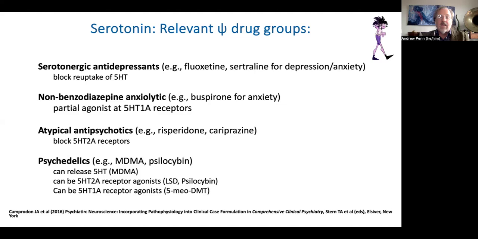The selectivity of dopamine blockade to the D2 receptor, in addition to blocking serotonin 2A receptors, is what makes a second generation antipsychotic unique from its first generation drugs, which generally did not have any blockade on serotonin 2A. And then, as I mentioned, there are drugs that activate serotonin receptors in the psychedelic class, such as LSD and psilocybin. 5-MeO-DMT is probably a serotonin 1A agonist, and we can have direct release of serotonin, as we see with MDMA.